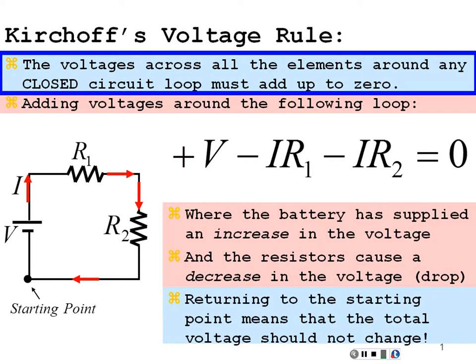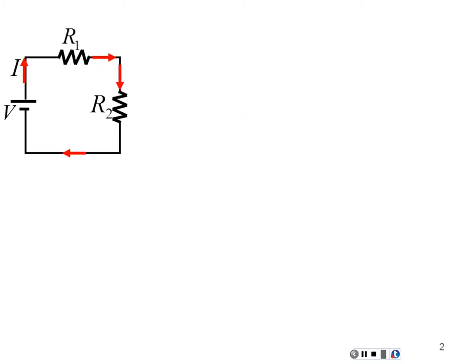So the fact that we return to our starting point means all the voltages add up to 0. We're going to try a little trick here, though. We're going to start with this equation that we just constructed, which caused us to think a little bit. We had to think about going up a battery and then going down potential drops and all that stuff. We don't want to think that hard. So we want to find a way to approach this equation and come up with these equations without having to think.